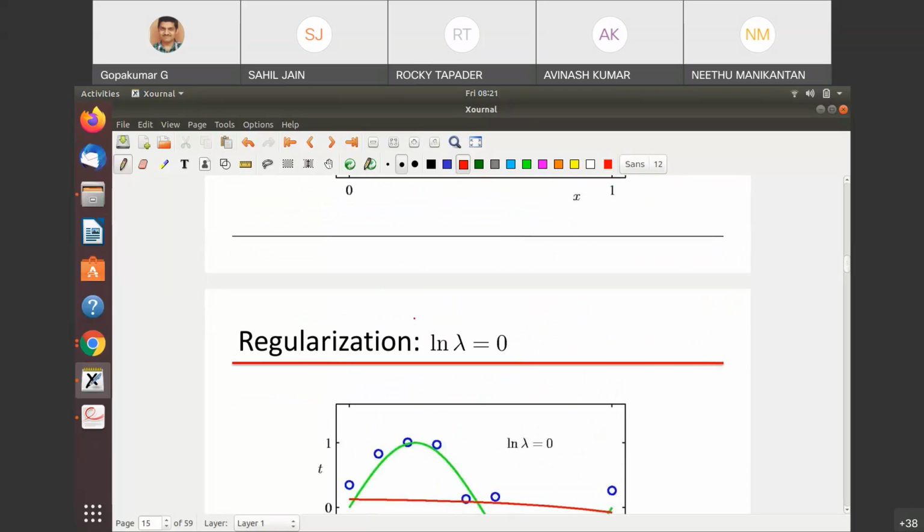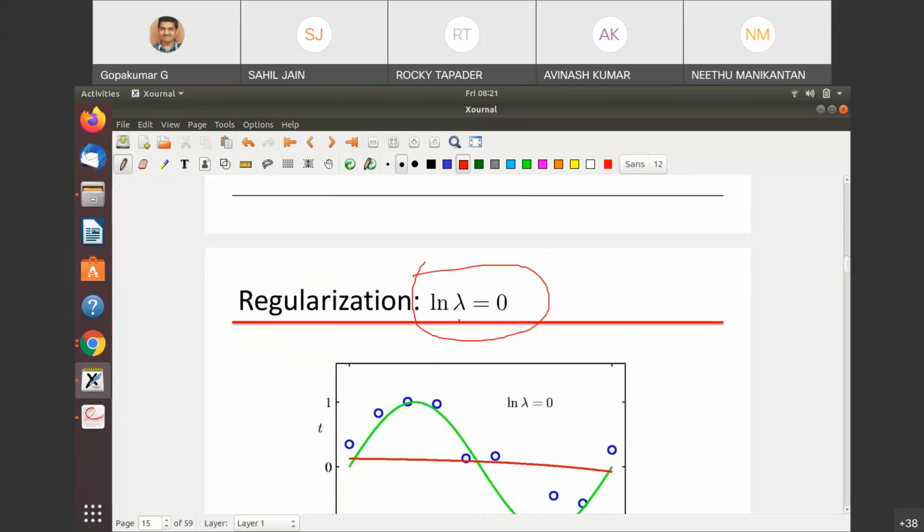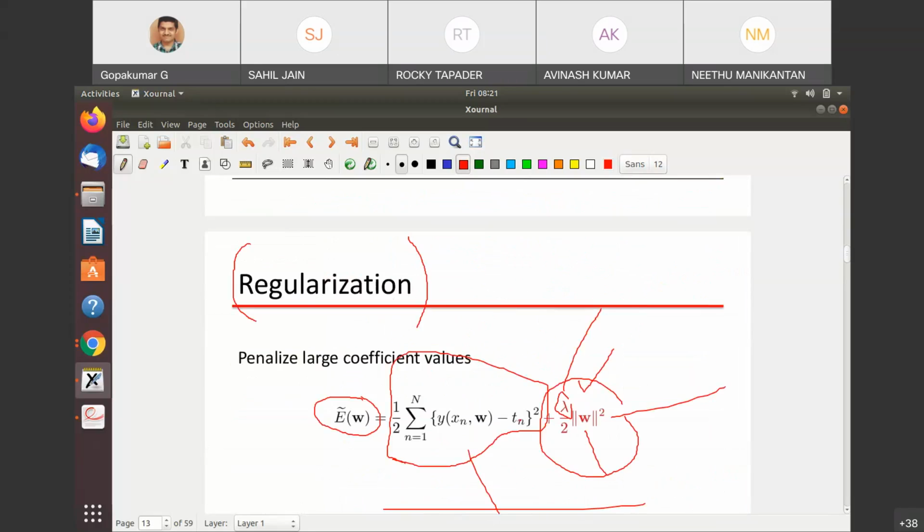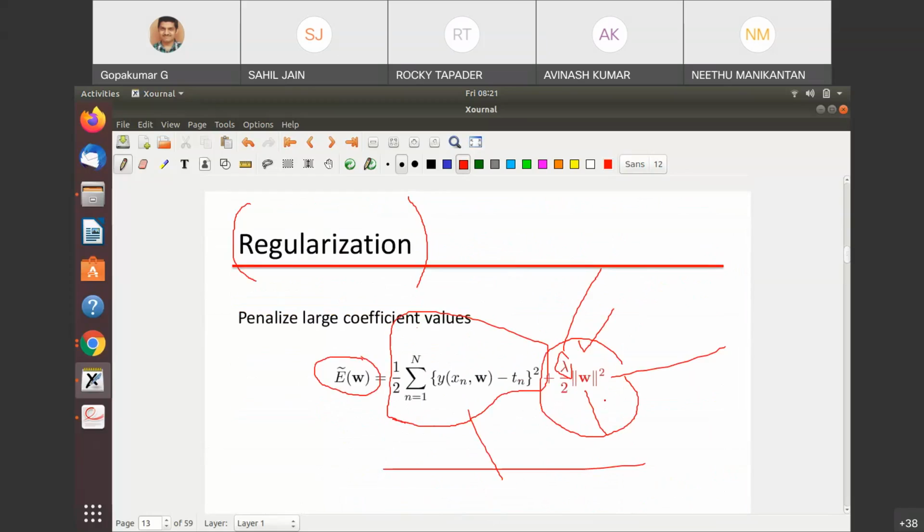And suppose we have ln of lambda equal to 0. Whenever we choose such a very large value, this term is going to have a very large influence on the total error.